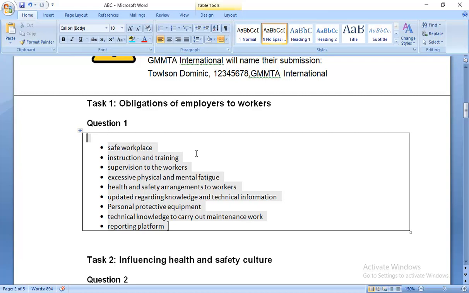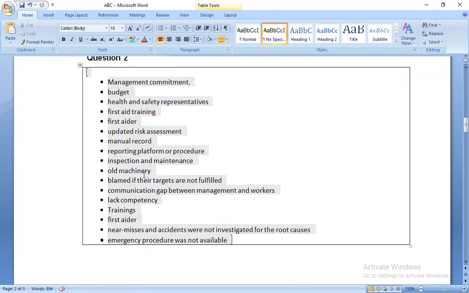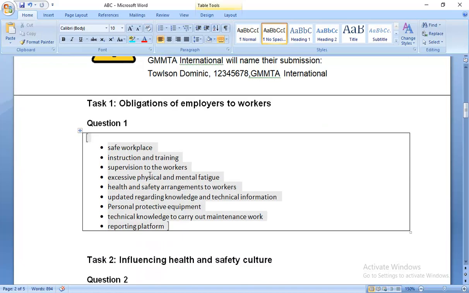Note that the task being shared here in the video is just the key points that need to be explained or outlined in order to fulfill the criteria of the task. So this is only for learning purposes. All the tasks that we are providing the solution for here are only the key points, and students or learners have to elaborate on them in their own words.